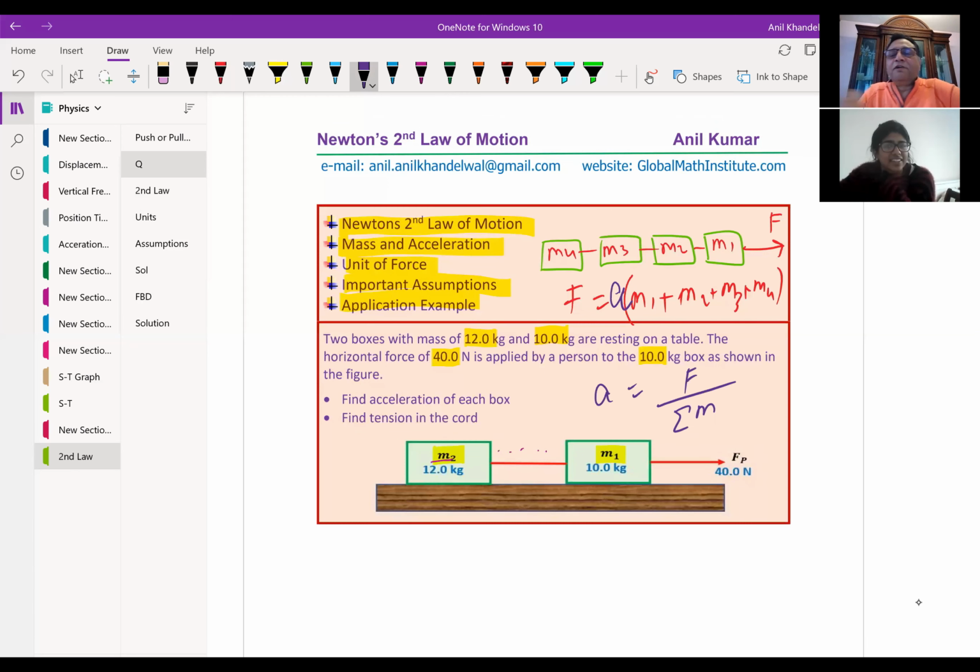Now, if I tell you to find the tension at this place, it could be somewhere in between also. So at this place, let's call this force of tension F_t. Then F_t will be equal to, we can add these two masses together, M3 plus M4 times A. A is calculated already.